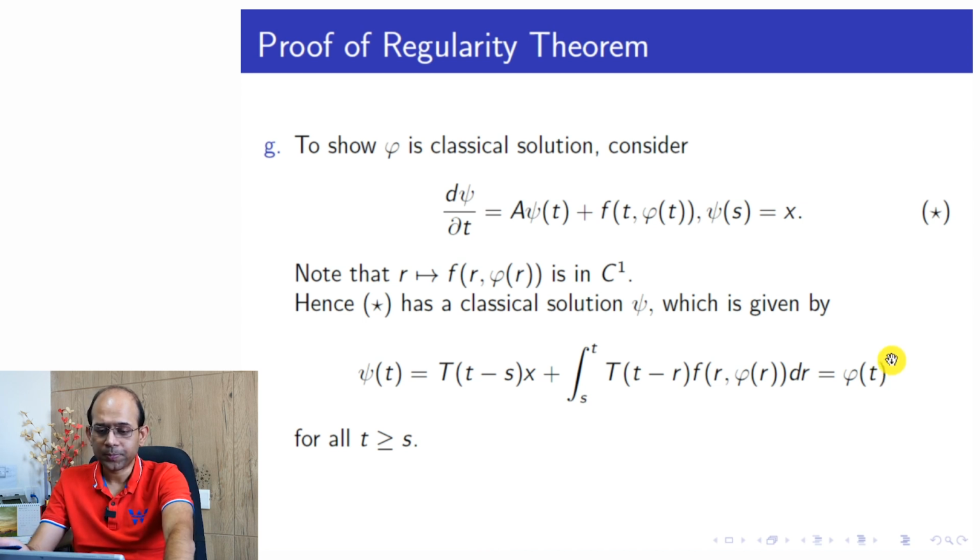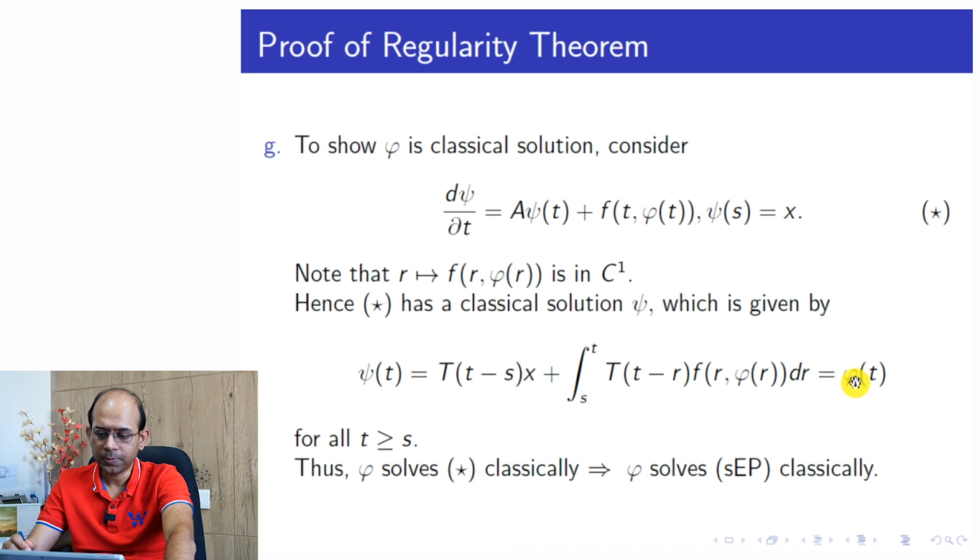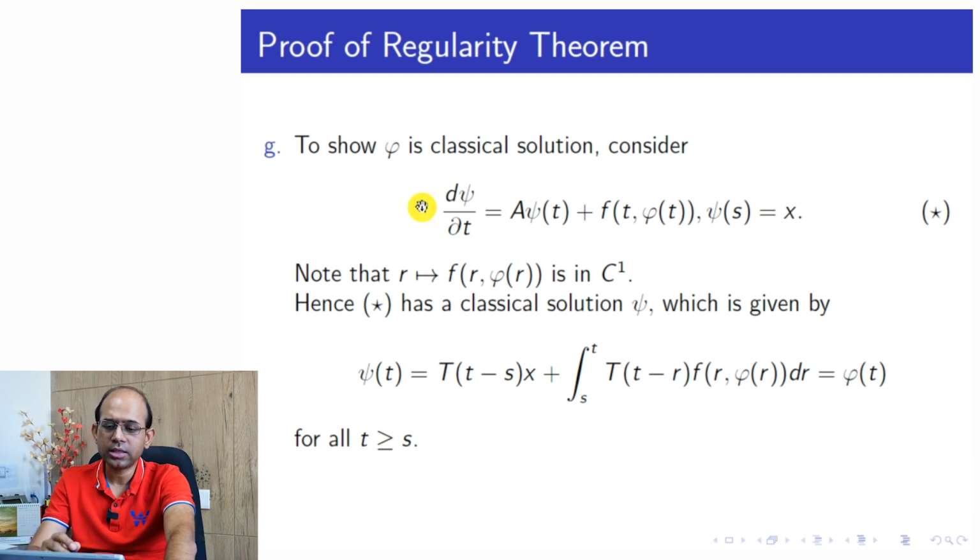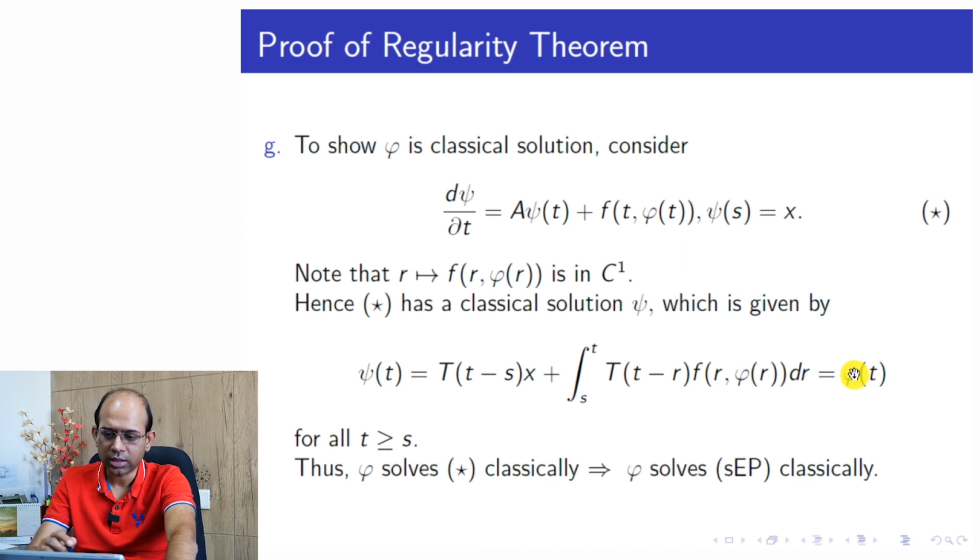So what does it mean? That means the mild solution of the ACP is indeed the classical solution of this. So this phi satisfies this classically. I can replace psi by phi here, because psi and phi are the same. So you get d phi dt is equal to A phi t plus f of t, phi t.